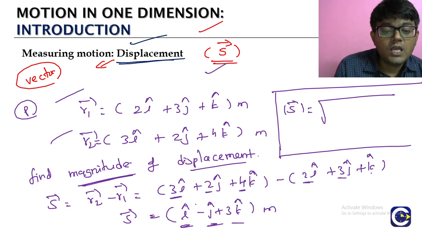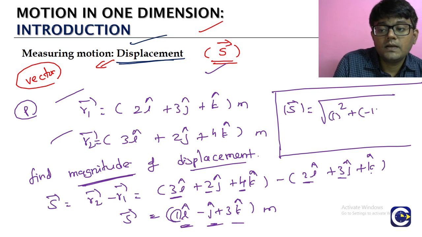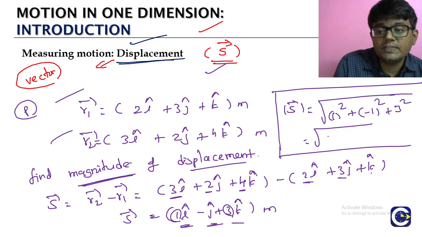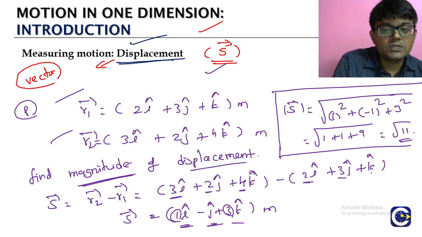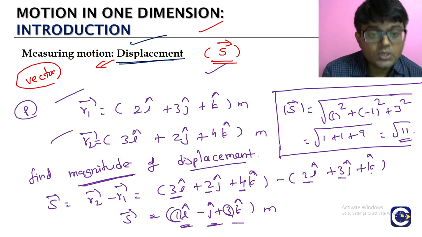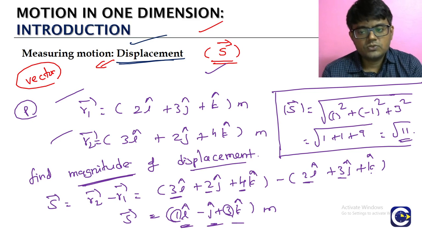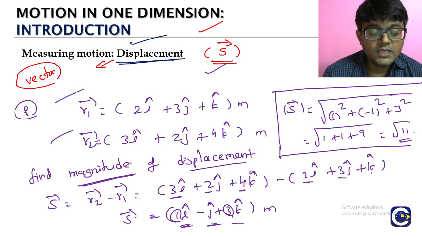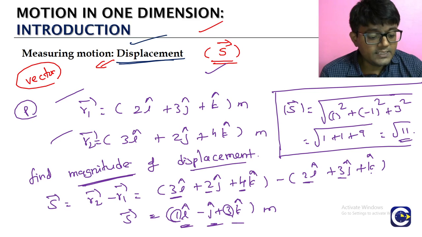Root of the i component, which is 1, so 1 square, plus the j component, which is minus 1, squared, plus the k component, which is 3, so 3 square means 9. Root of 1 plus 1 plus 9, so root 11 will come. So this is the magnitude of the displacement of the object. Like this we will be able to relate between the position vector and the displacement vector.